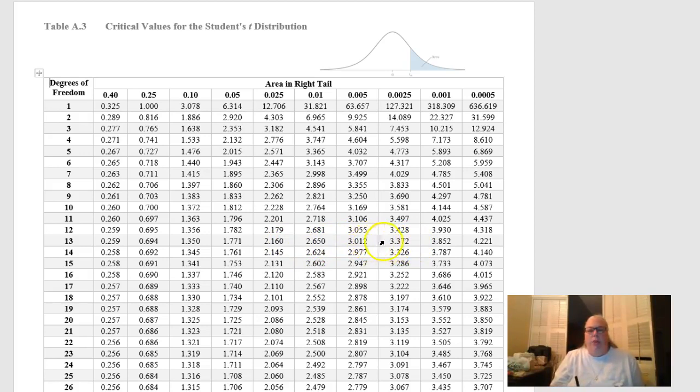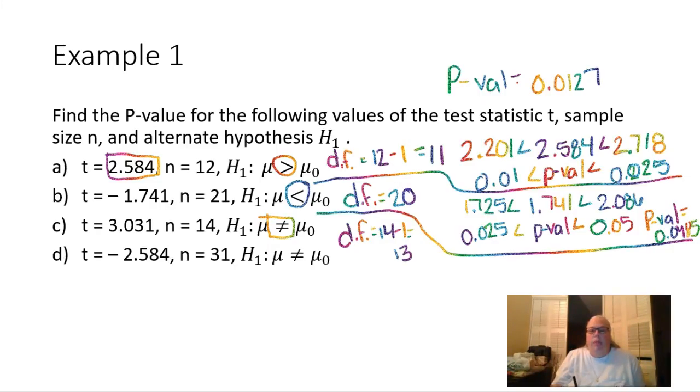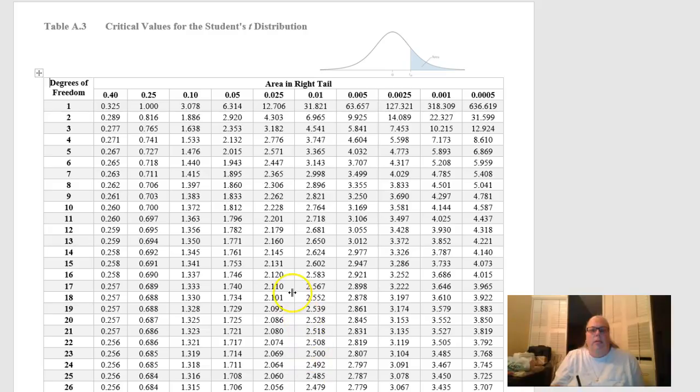So 3.031 is going to be in between these. Okay, so 3.012 is less than 3.031, and that is less than 3.372.